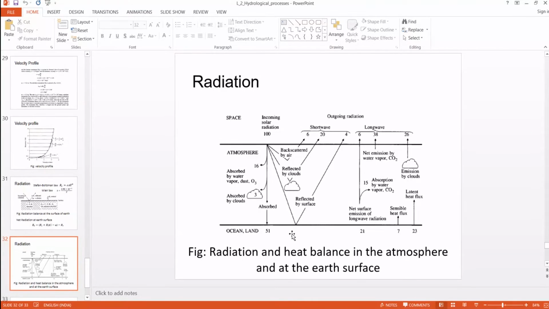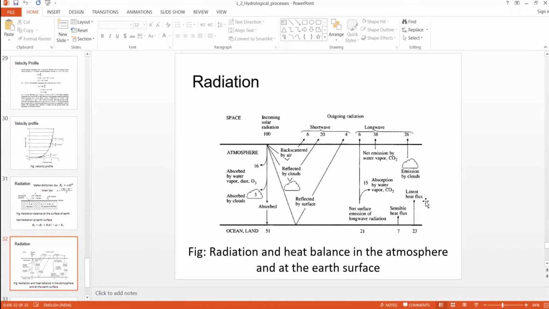Now the oceans and land, that is the earth, absorbed 51 units. Out of the 51 units, 23 units are given to evaporation, because water is evaporated from lakes, rivers, surface moisture, trees, as well as from the sea.